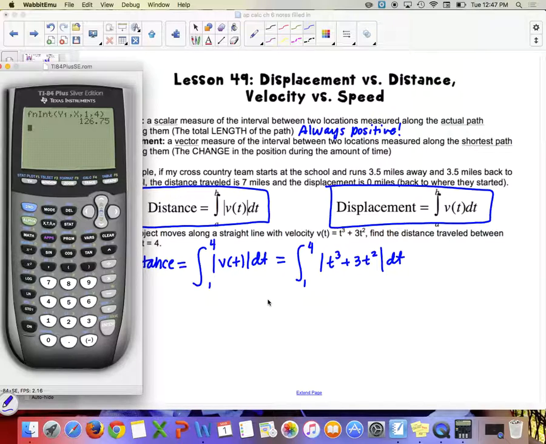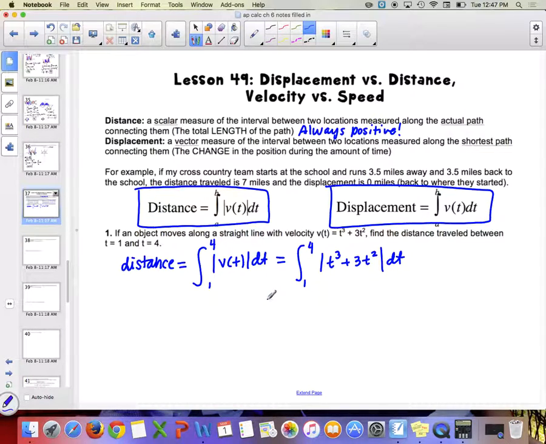So you could do that. So you get 126.75. But if you were doing this by hand, basically this is the same as if you just remove these absolute values, because we just showed that it was always positive on that interval 1 to 4 anyway. Does that make sense? All right, so the next one.